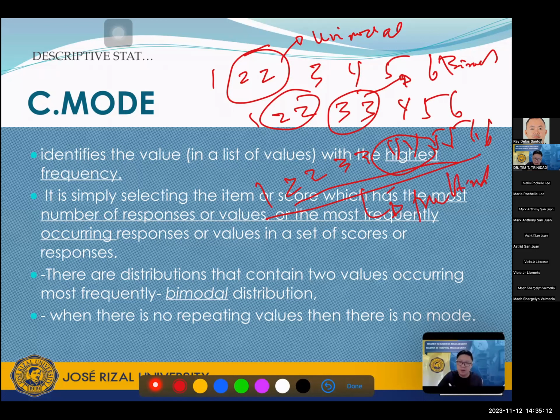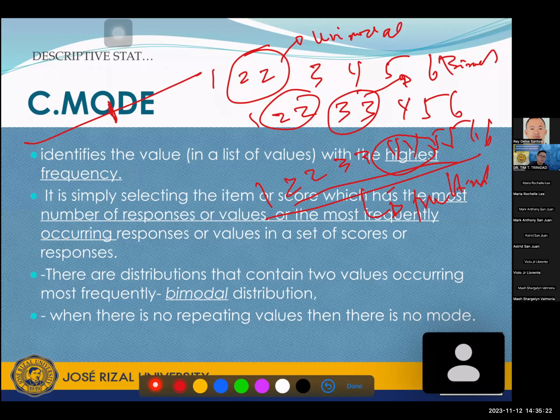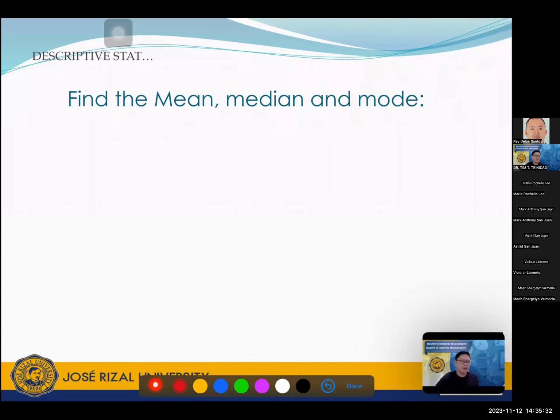So you now know the difference between a mean, a median, and the mode. Let's go back. Mean is average. Median is the middle, the mid-range, the center. And the mode is the highest frequency. Okay.